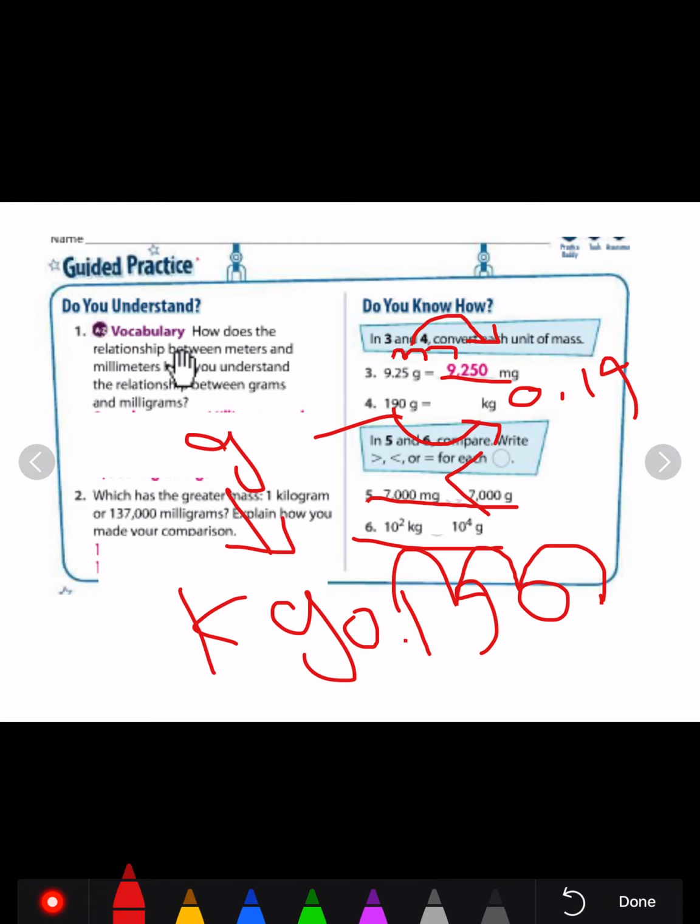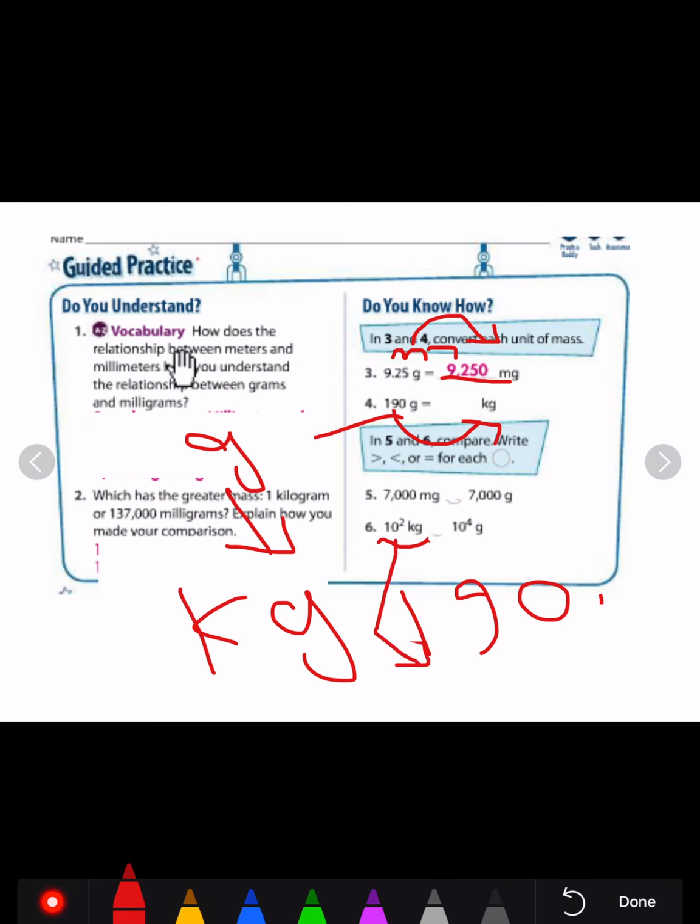What I need to do in these cases, guys, is change them to the same unit. For example, it's easy for me in most cases to multiply, not to divide. So I will change 10 power 2, which is 100 kilograms, to grams.